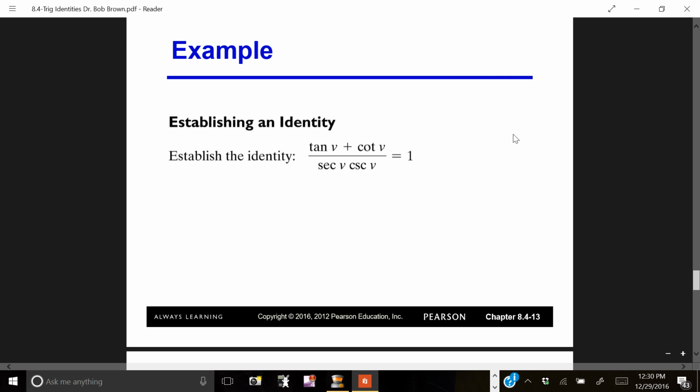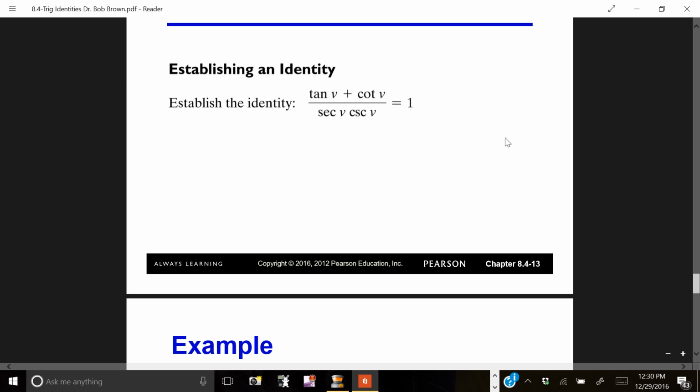Now, we want to establish that the expression on the left-hand side is equal to 1. What we very often can do is use the fact that tangent is equal to sine over cosine, cotangent is equal to cosine over sine, secant is 1 over cosine and cosecant is 1 over sine, and see if we can establish that identity.